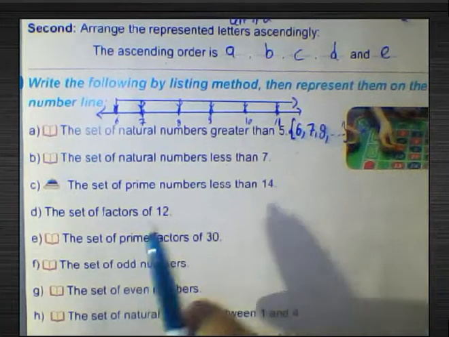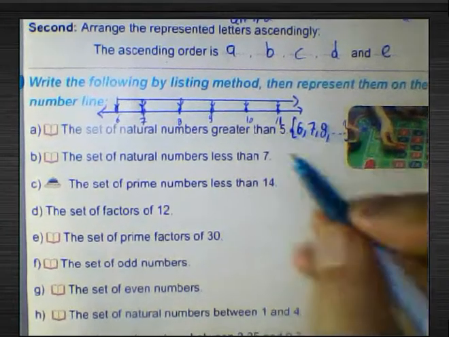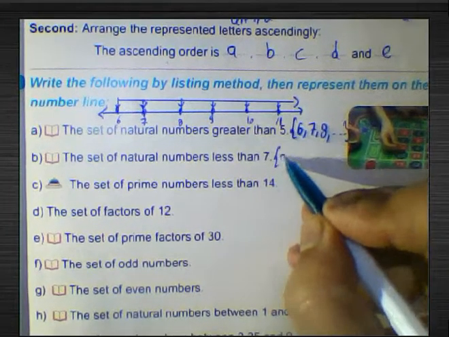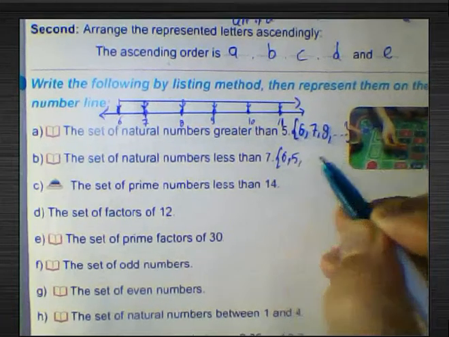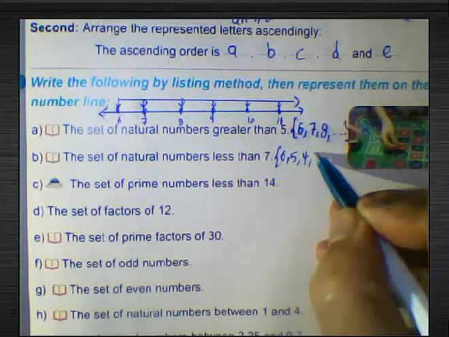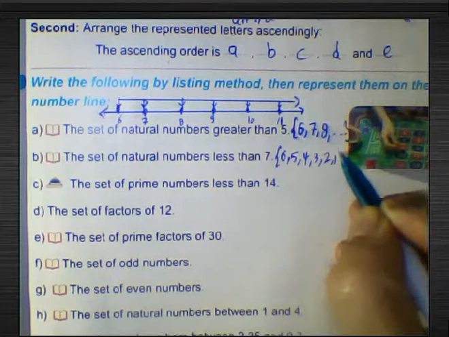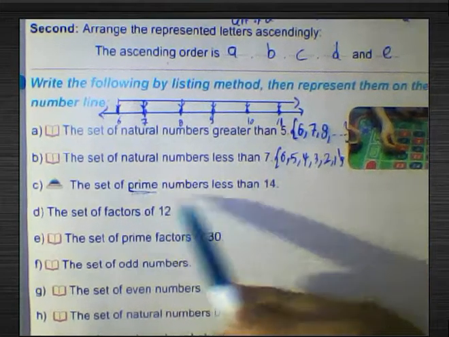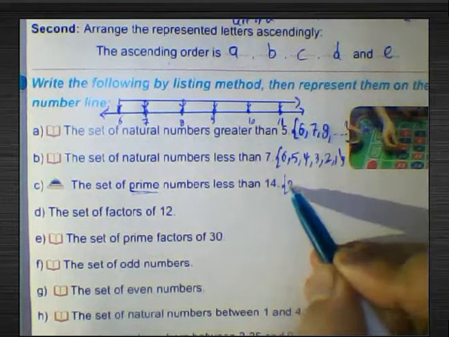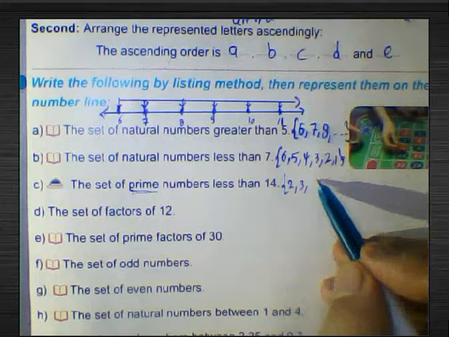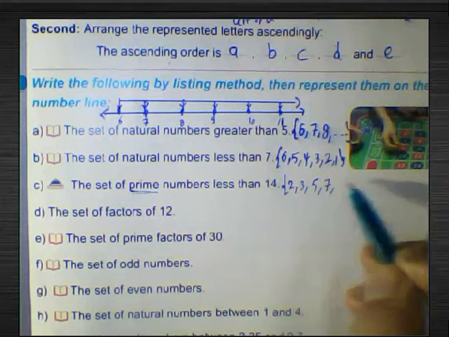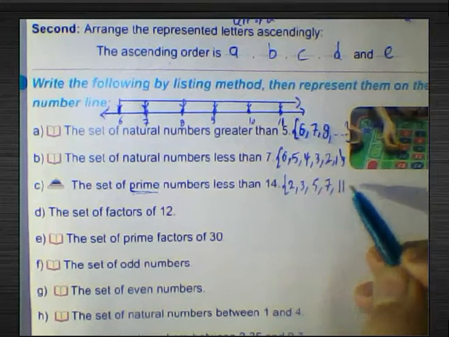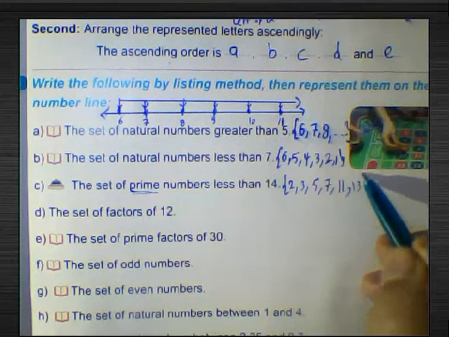Letter B. The set of natural numbers less than 7: 6, 5, 4, 3, 2, and 1. Set of prime numbers less than 14: 2, 3, 5, 7, 11, 13.